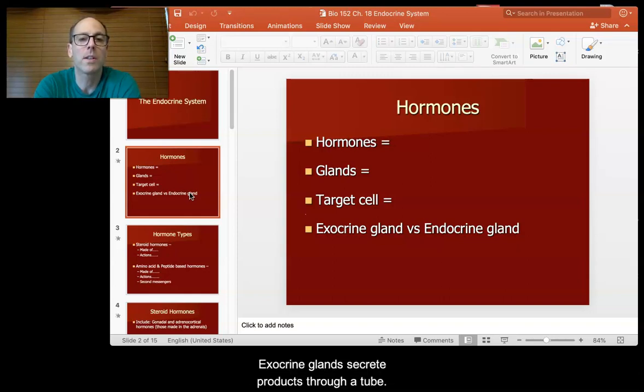Exocrine glands secrete products through a tube, and an example of that is your sweat glands. Other glands in the endocrine system also have exocrine function. For example, your pancreas secretes digestive enzymes through a tube, so it's an exocrine gland. But it also secretes hormones into the blood, so it's also an endocrine gland.